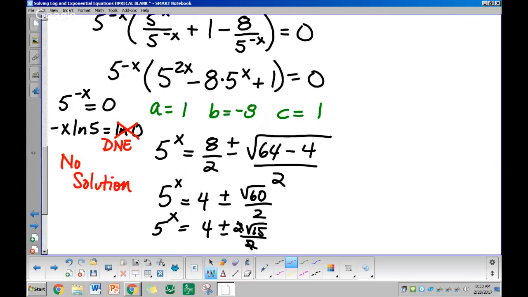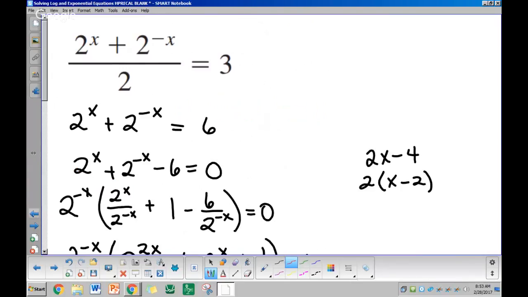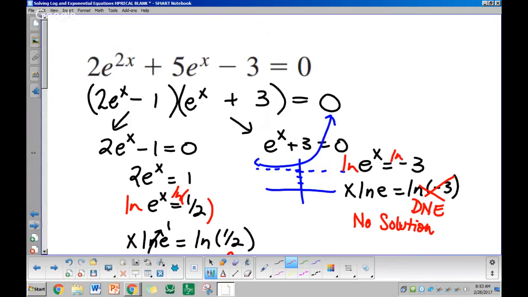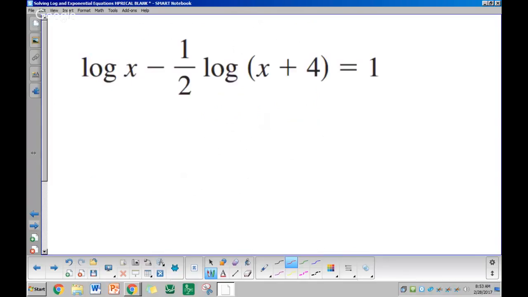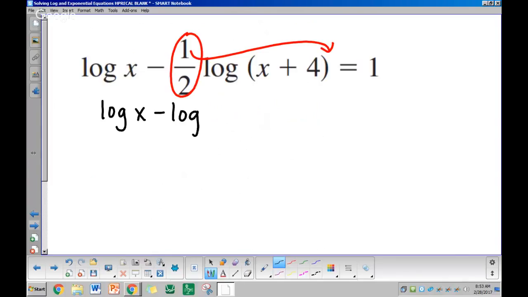All right, so I did 2 of them. You feel better about those? Not as scary? How do we solve an exponential? We cross multiply. I know you can do this one, right? This one, we have to consolidate the logs on the left here. So I'm going to raise the 1/2 up, and we get log x minus log of x plus 4 to the 1/2 equals 1.